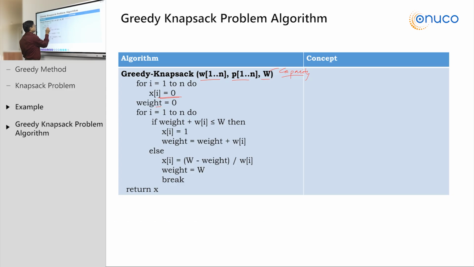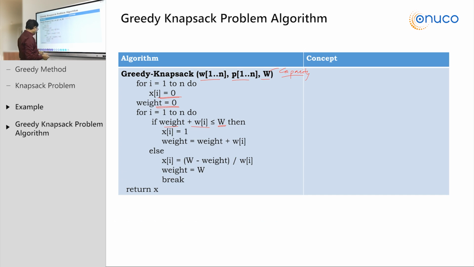The initial total weight of the elements selected for the knapsack is 0. Right? i is equal to 1 to n. Do weight plus W of i. Total weight plus W of i, the individual weight of the ith item, is less than the capacity.